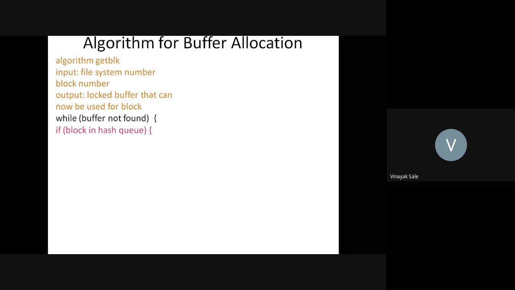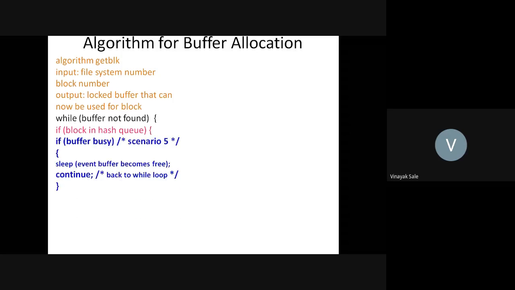Then it will check if the block is in the hash queue. If it is present, then it will check whether the buffer is busy or not. For a busy buffer, there is scenario 5.